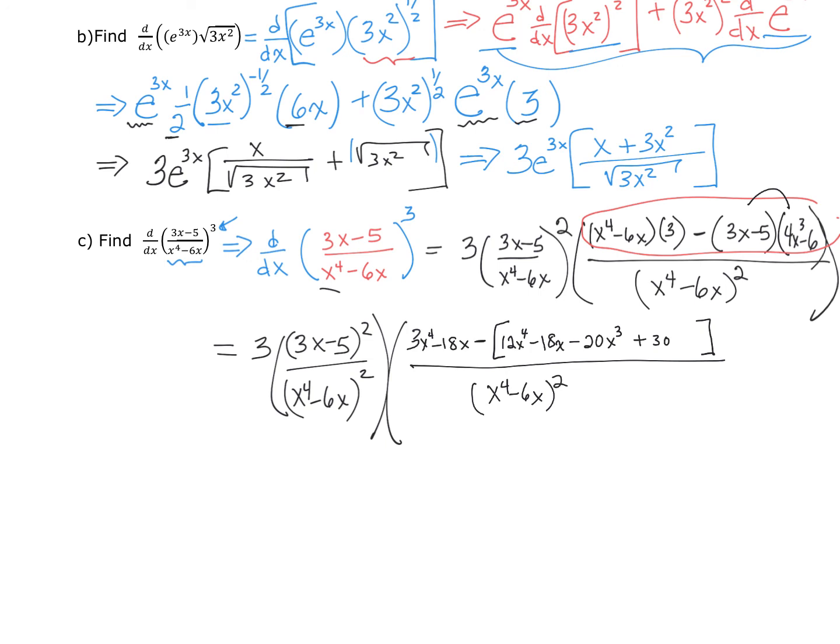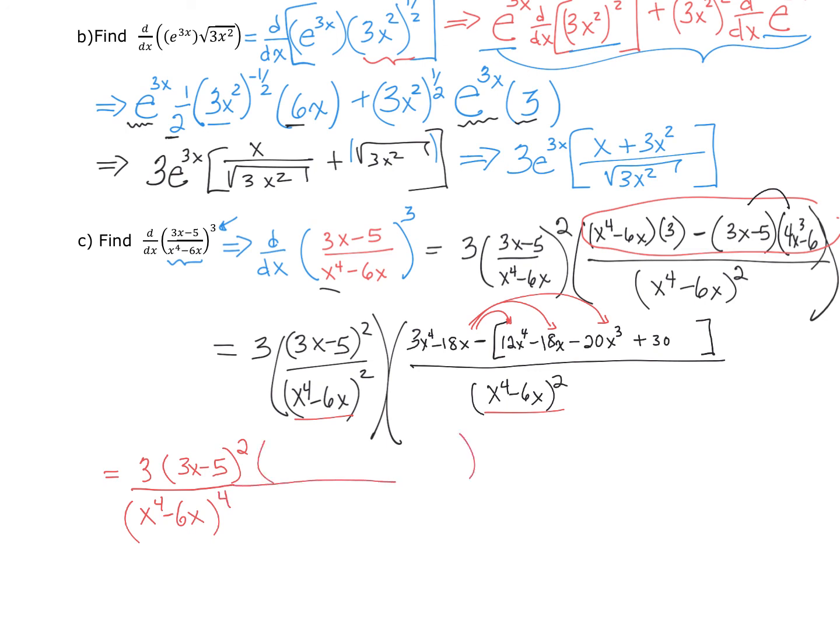So let's remember that we're distributing. We'll collect like terms as we go. So I now have 3 times 3x minus 5 squared. I'm going to put these two together and make it x to the 4th minus 6x to the 4th.